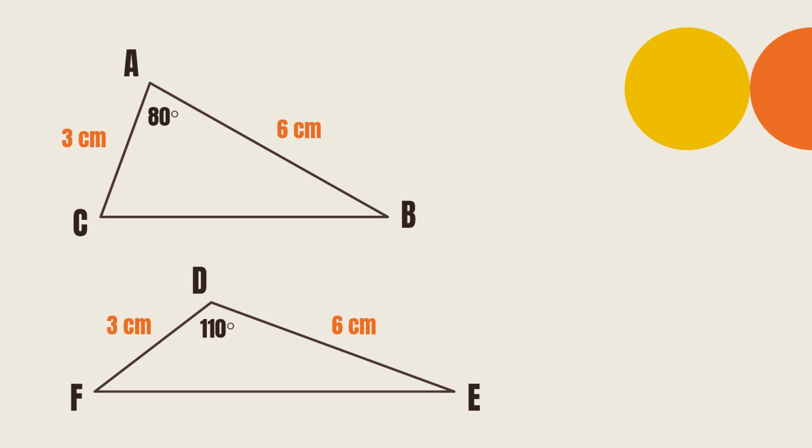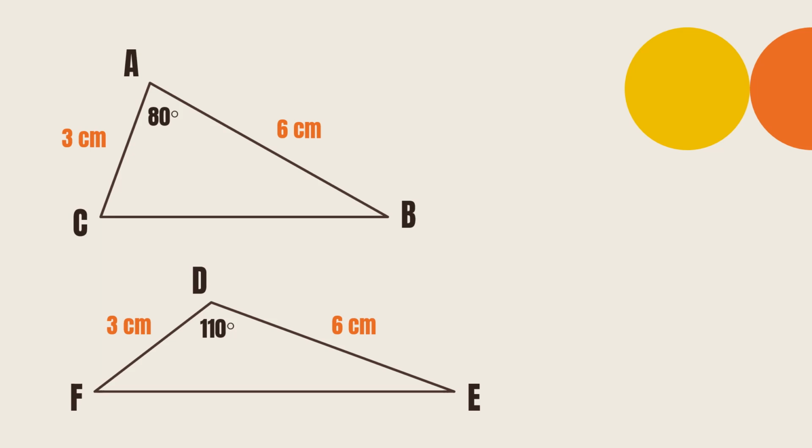Dalawa, to be exact. Diba? Nakalagay yun, naka-indicate yun sa theorem na they have two congruent sides. So we have line segment AC is congruent to line segment DF. Pareho silang 3 centimeters. And then line segment AB is congruent to line segment DE with 6 centimeters apiece.